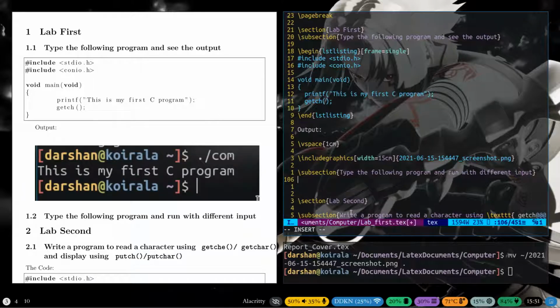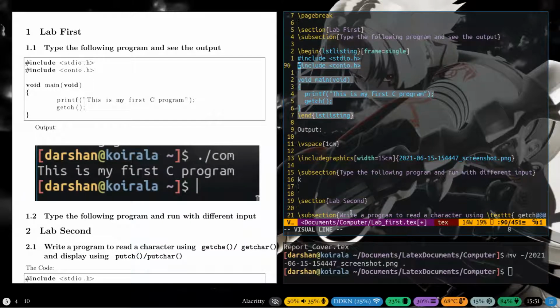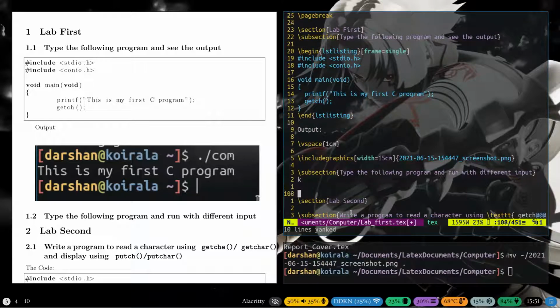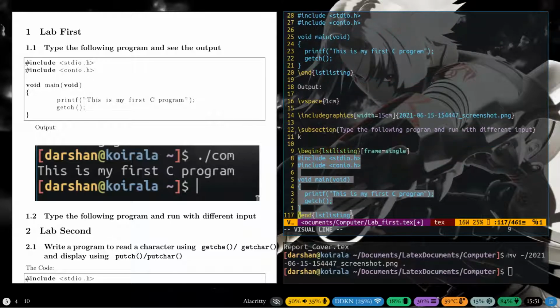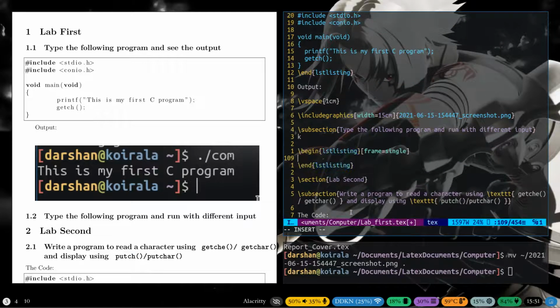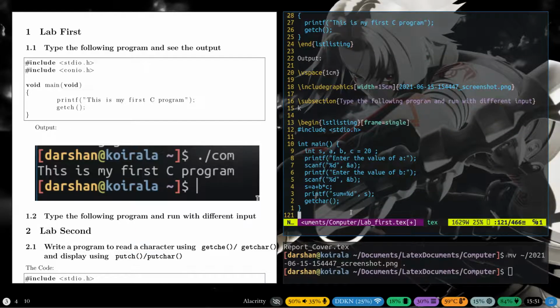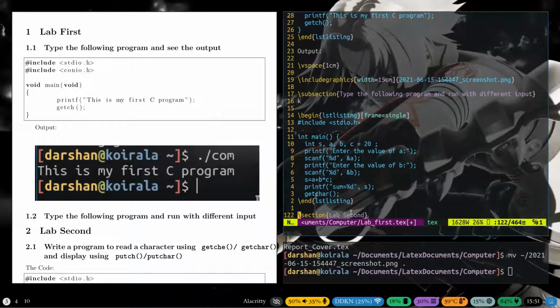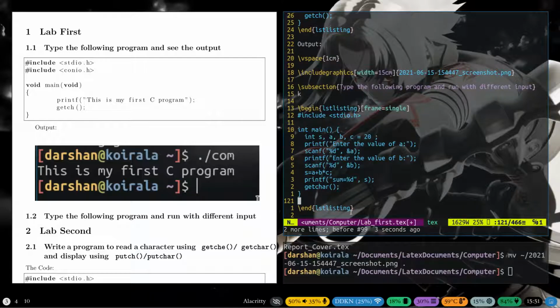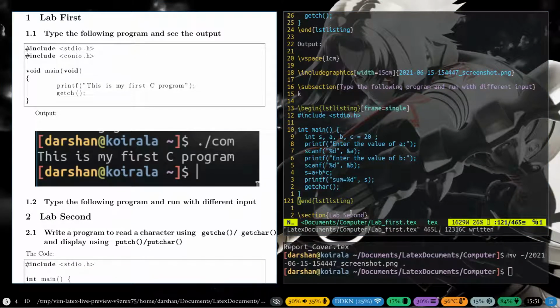Alright, so I think I have to copy this thing. Just yank this. And different input, paste it. You are going to remove this, delete this, and just paste the thing that you had just copied. Okay. Left first.